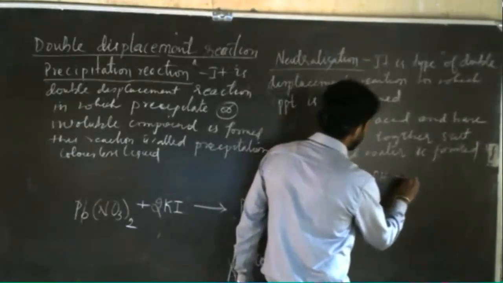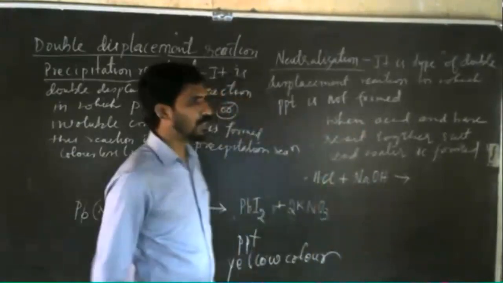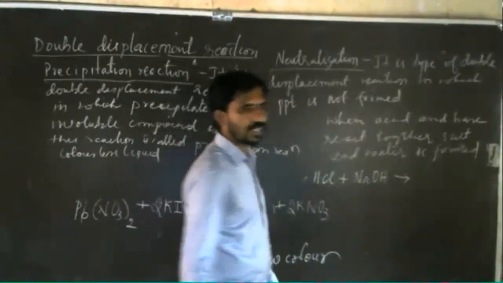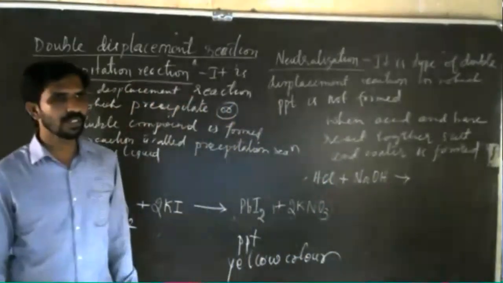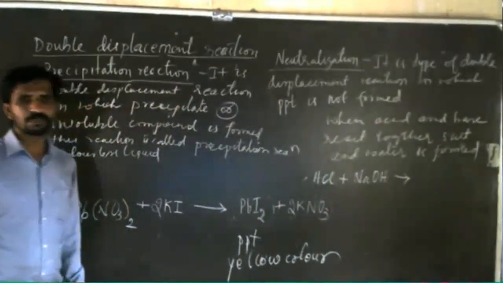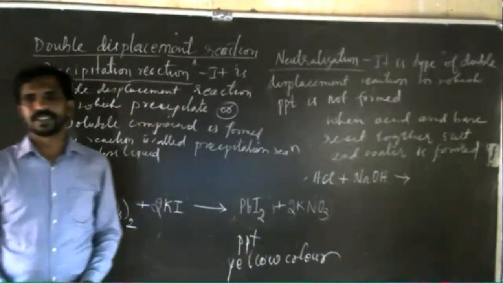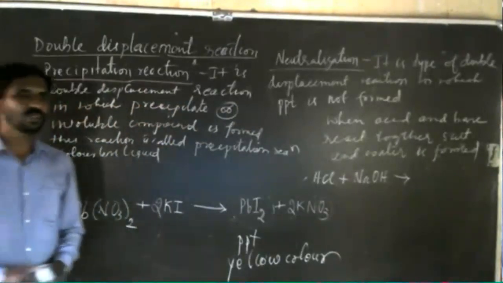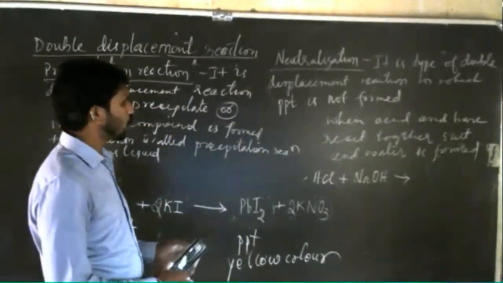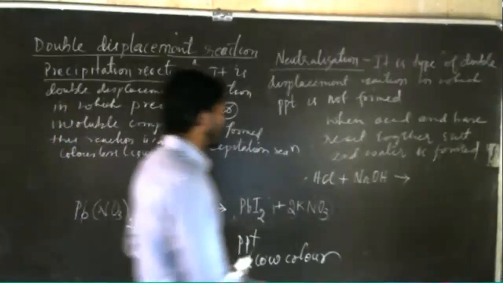Here, HCl reacts with the base called NaOH. Both are ionic compounds.